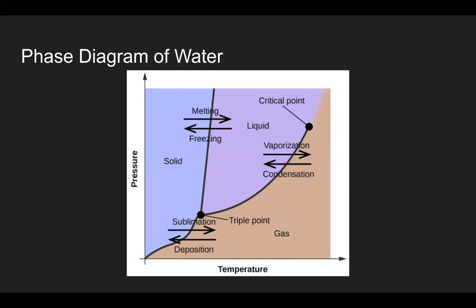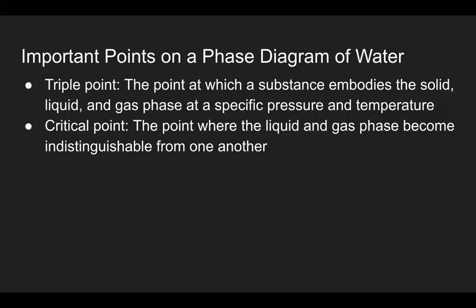There are also 2 main points that must be considered in a phase diagram: the triple point and critical point. The triple point is a point where the substance embodies all 3 states simultaneously, as a solid, liquid, and gas, as they coexist in some equilibrium. As we can see from the phase diagram on the previous slide, the triple point only occurs at a specific temperature and pressure.